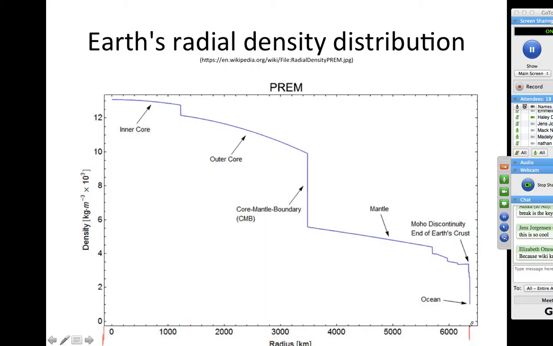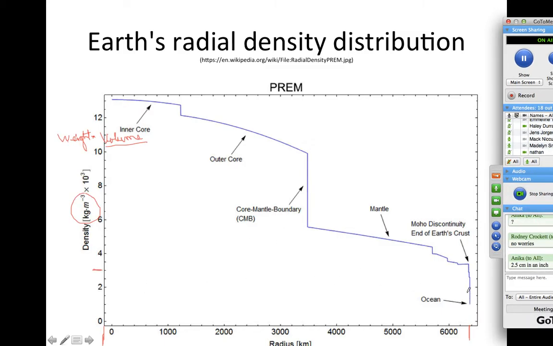So there's about 6,000, close to 6,300 kilometers, of the radius. And then this other part of the graph shows the density of the material at the different layers of the Earth structure.